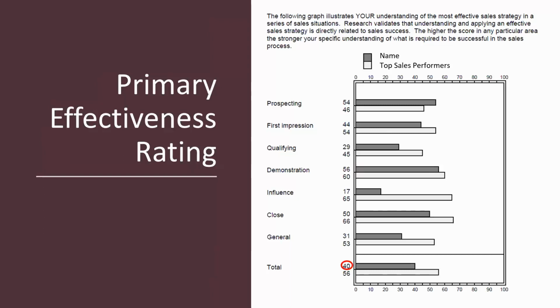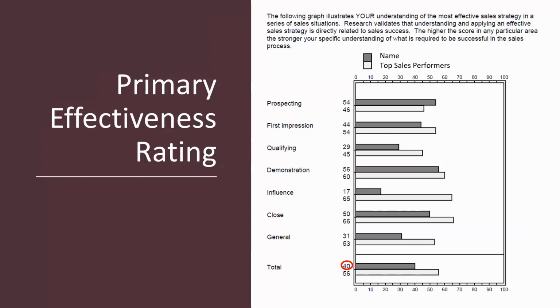So prospecting, our applicant did very well. They actually beat top sales performers in the prospecting analysis, which is great. But in first impression, qualifying, demonstration, influence, close, and general, they underperformed against top sales performers.